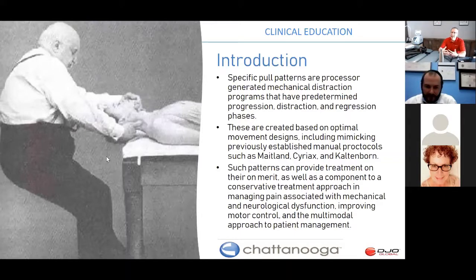So to look at the DTS pull patterns, and first off, let me say that nothing's magic. Although I kind of view decompression as somewhat magical. It was kind of a game changer in practice. And I think for a lot of people, and someone like me too, because even at the time, I wasn't a disc, back or inner guy, what was more appealing to me was actually the utilization of the DTS pull patterns, or the combination of all of the different things that we could potentially do.